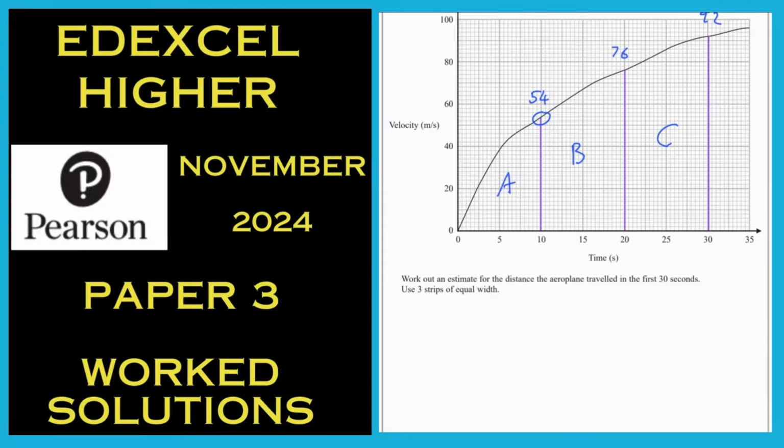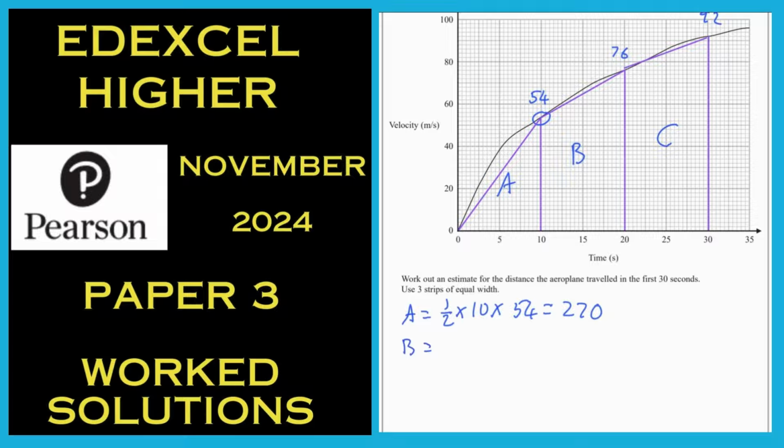To work out the area of each shape, the first shape is a triangle, and B and C are trapezoidal. For A, it's a triangle, it's a half times the base of 10 times the height of 54. Grab your calc if you need it, 270.